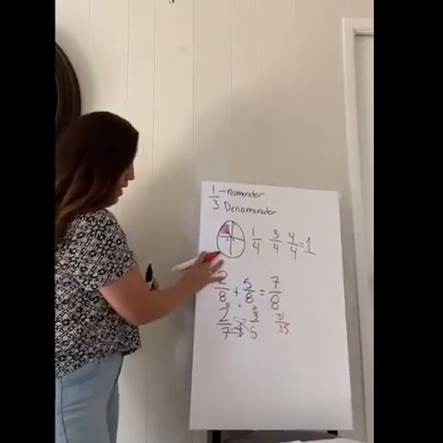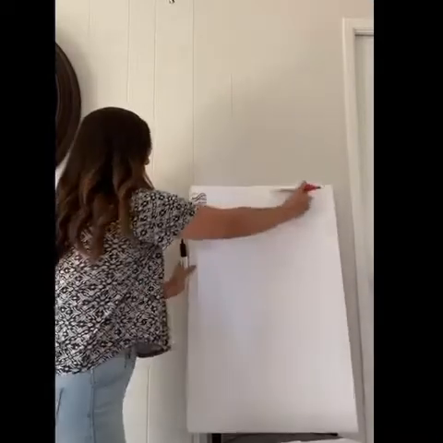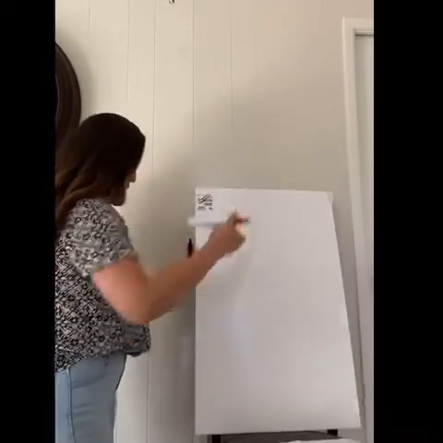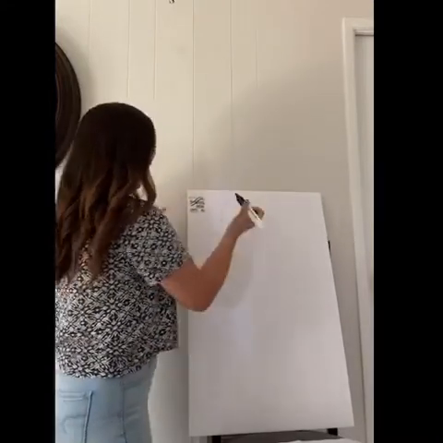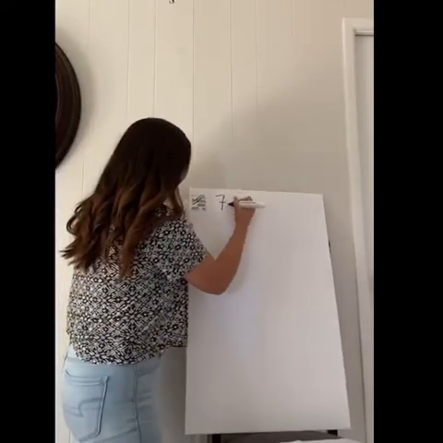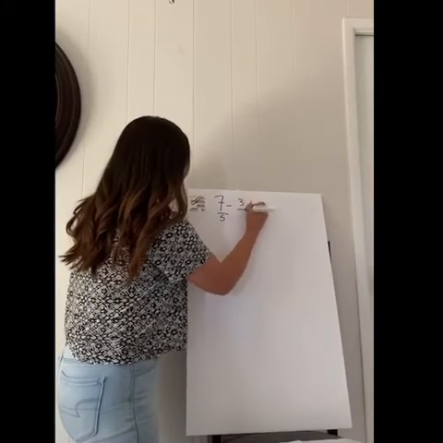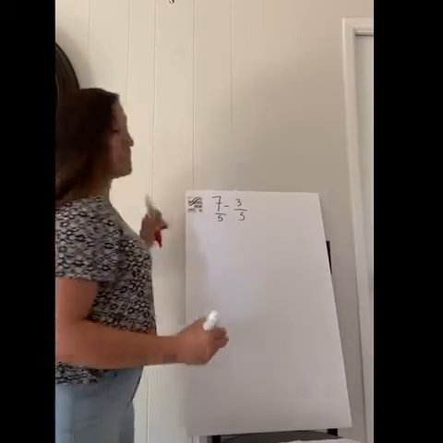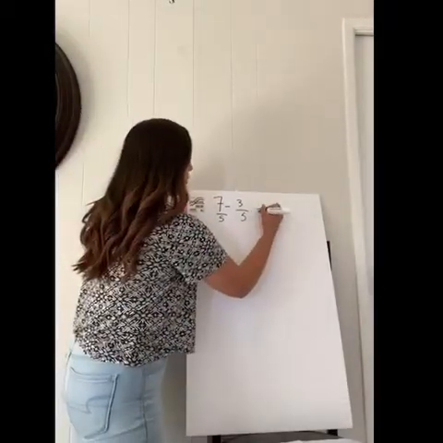So for subtraction, let's say we have 7/5 minus 3/5. So we have the same denominator, so we would just move that one over, right?